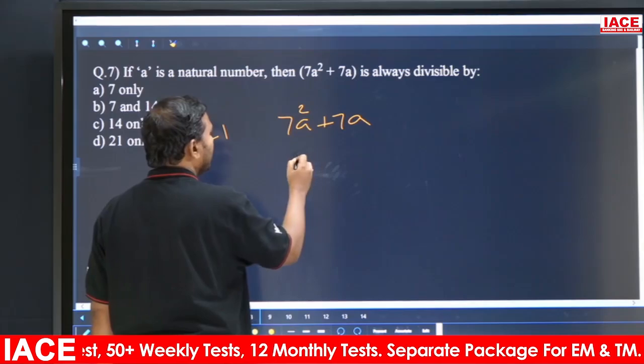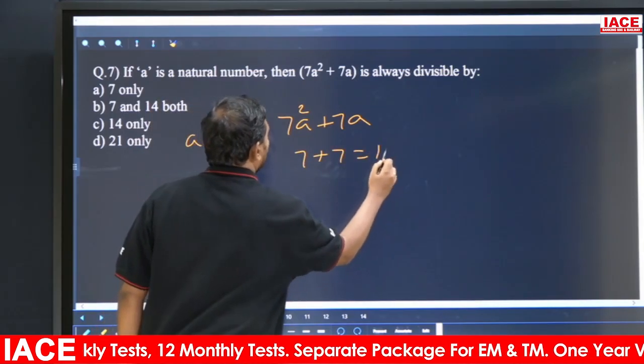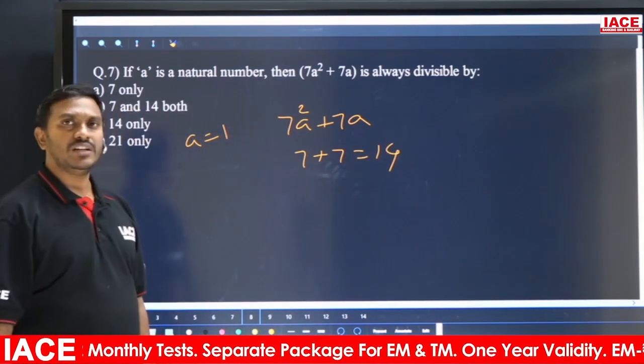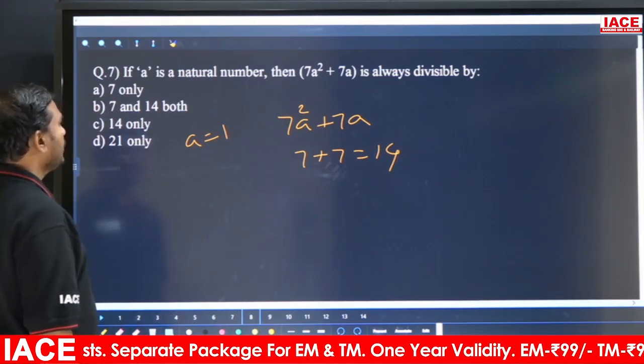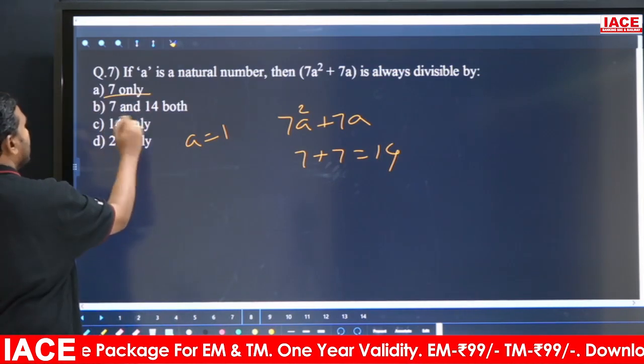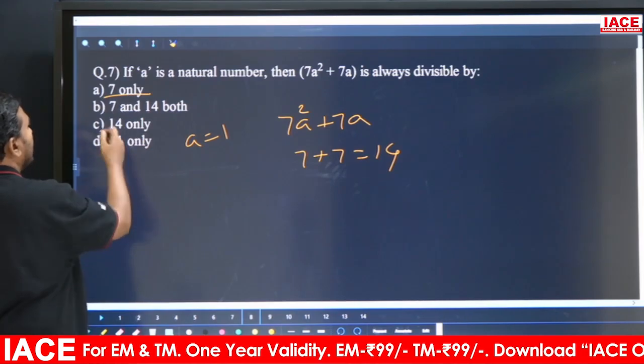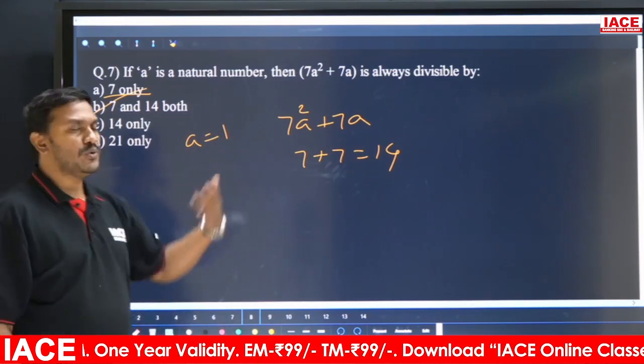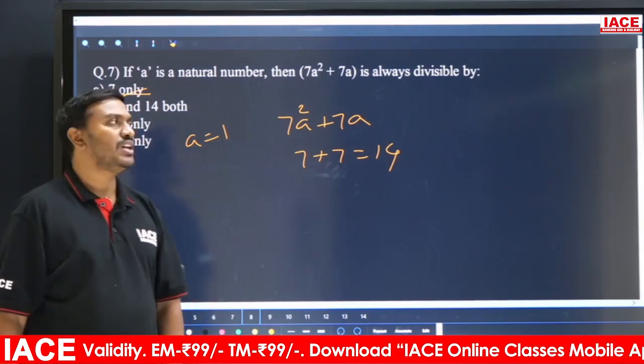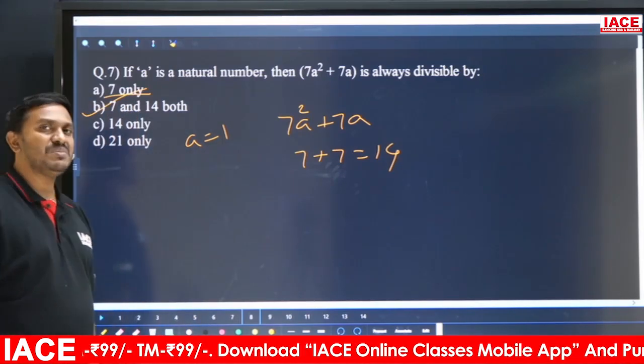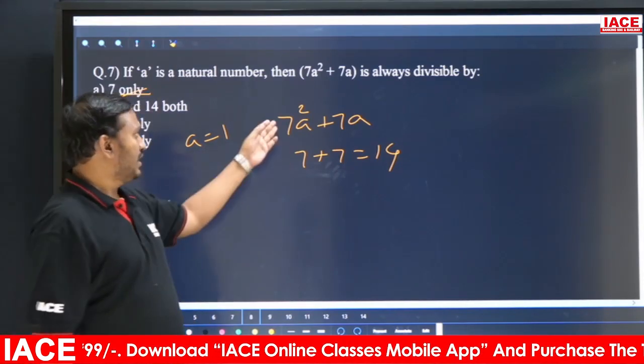If we put a equal to 1, what will come? 7 plus 7, that is 14. Now tell me simply, 14 is divisible by 7 as well as 14. So option B is the right answer. Very simple question. One expression is given.